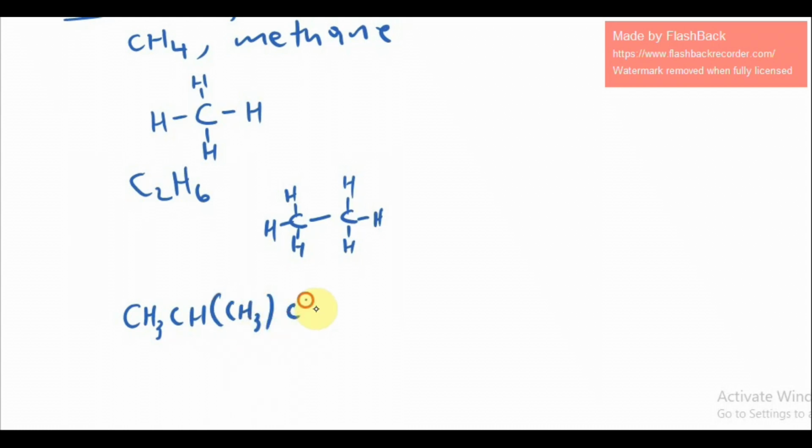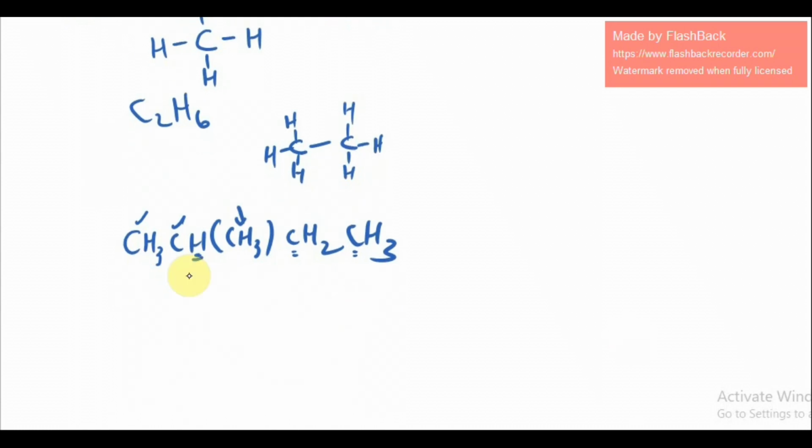If we are given this one, we have this carbon with 3 hydrogen atoms, this carbon with 1, and also these alkyl groups. Then we also have this one with 2 hydrogens and this one with 3 hydrogens. So when we draw this one, it is lining up, this and this. So we have 1, 2, 3, 4. These are in our parent chain.